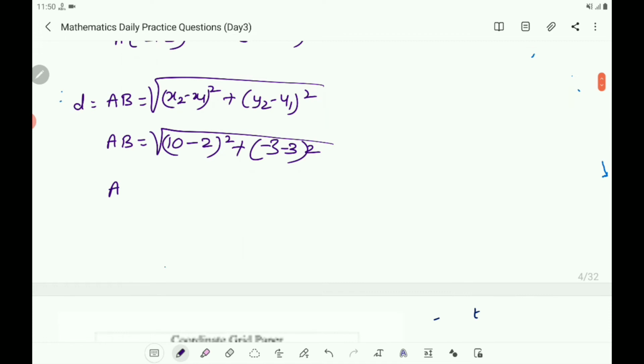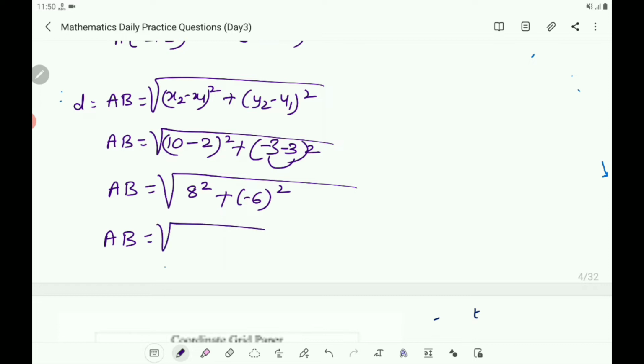Then AB equals whole root 10 minus 2, 10 minus 2 is 8, 8 square plus minus 3 minus 3. Minus 3 minus 3 is minus 6, minus 6 whole square.